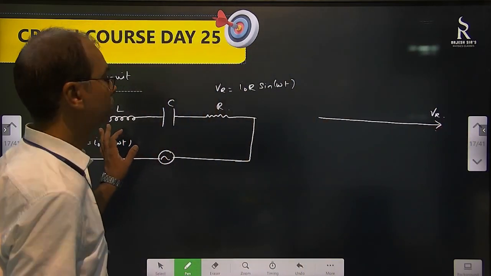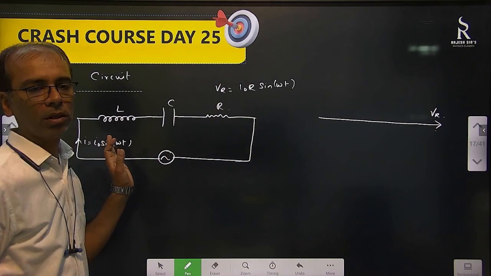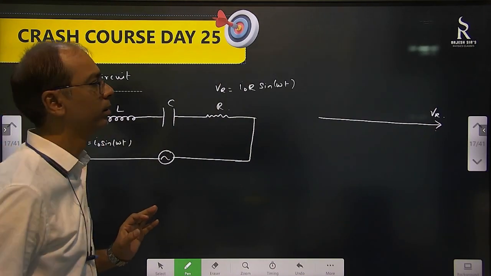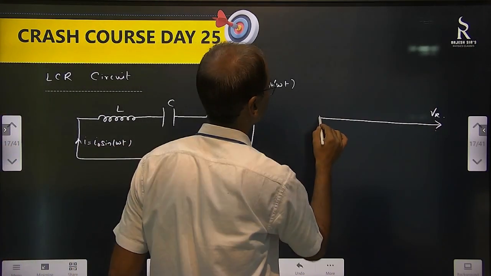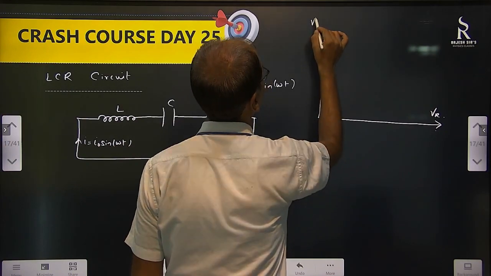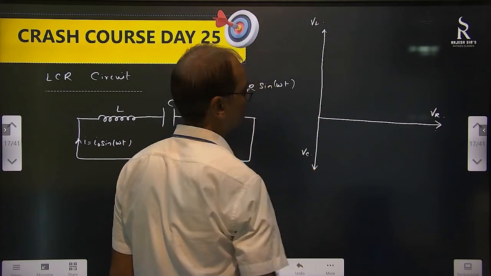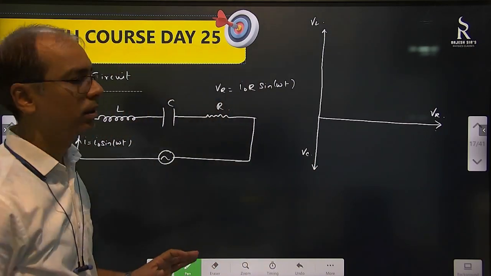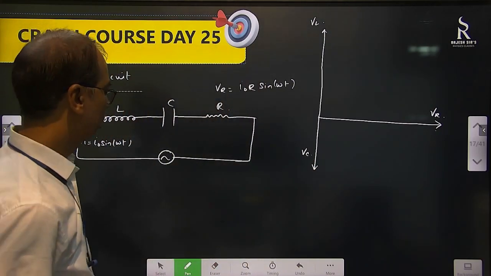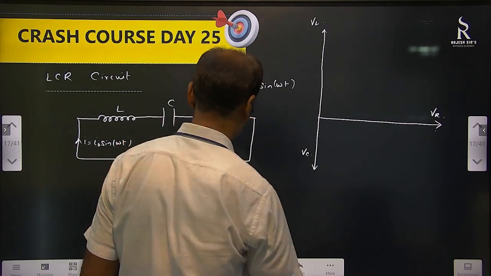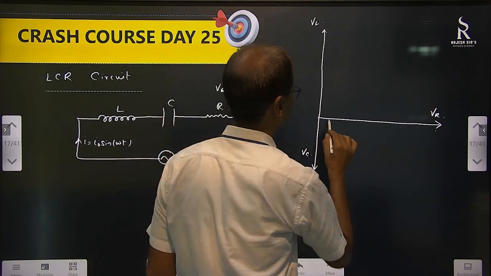VL makes the potential go 90 degrees ahead. So VL is here and VC is here. If we combine all three, we'll make it a little smaller.